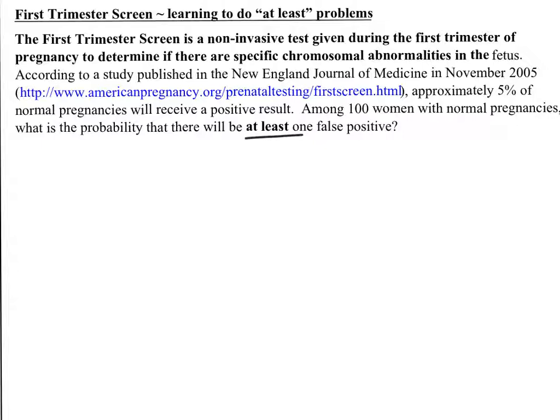Well, let's think about complements. 5% of normal pregnancies will have one. Let's say we don't. Let's say the odds a woman is tested and there is no abnormality and the test doesn't show any. There's a 95% chance that will happen. Okay, which is why I took 1 minus 0.05 to get 0.95.